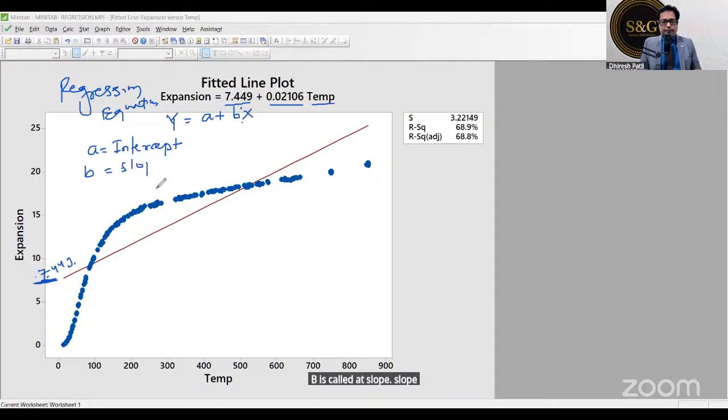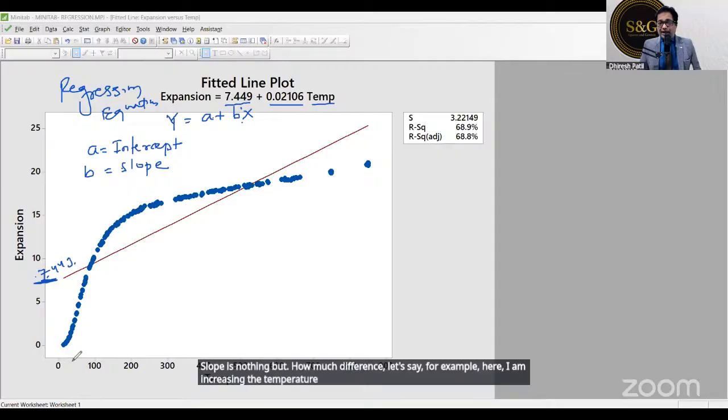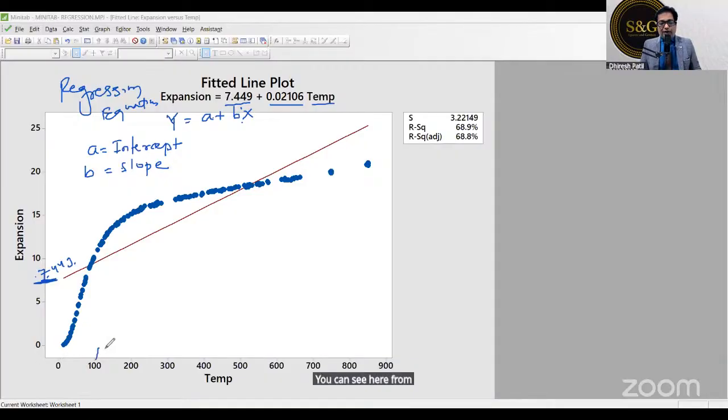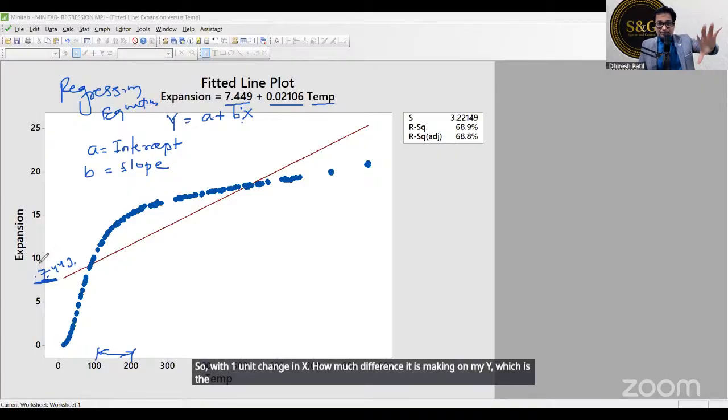Slope. What is slope? Slope is nothing but how much difference. For example, here I am increasing the temperature by 100 degrees. You can see from 0 to 100, 100 to 200. So 1 unit for me is 100 degrees. With a 1 unit change in X, how much difference it is making on my Y, which is the expansion.